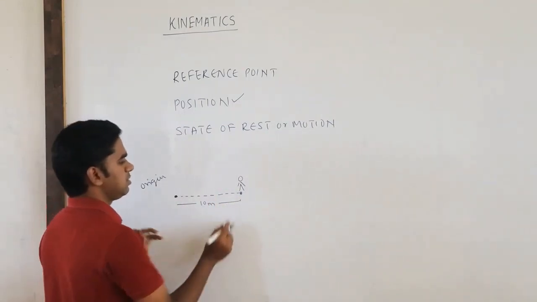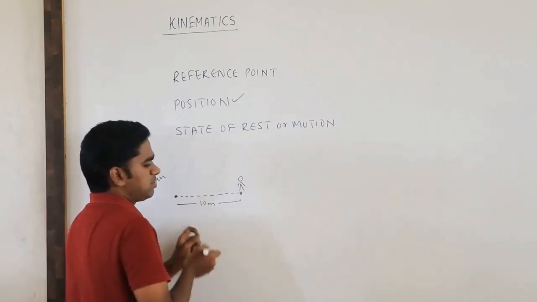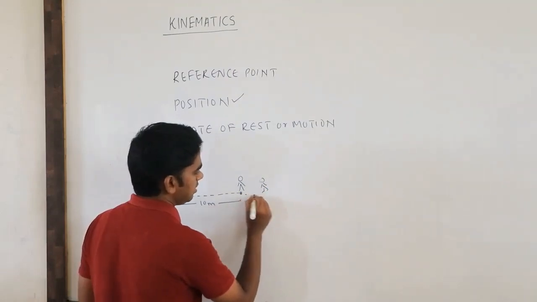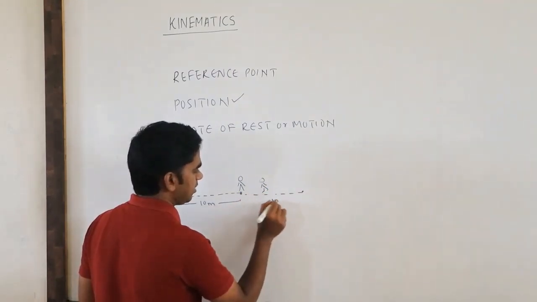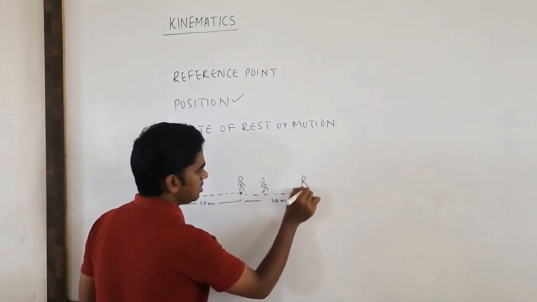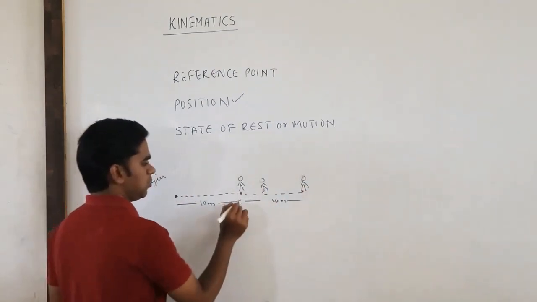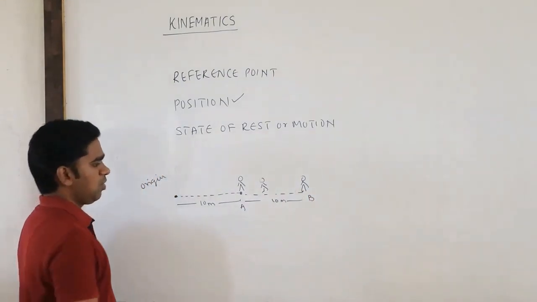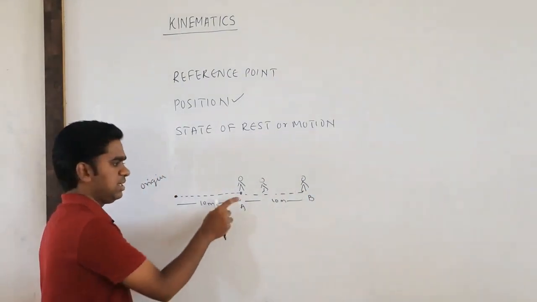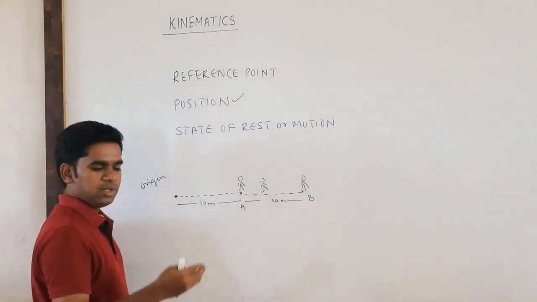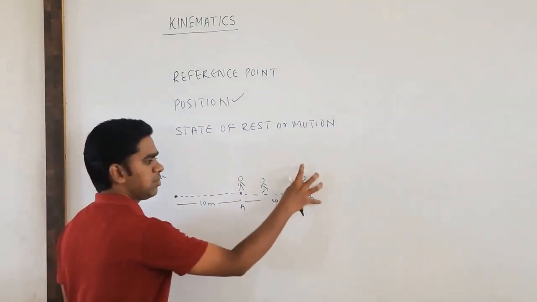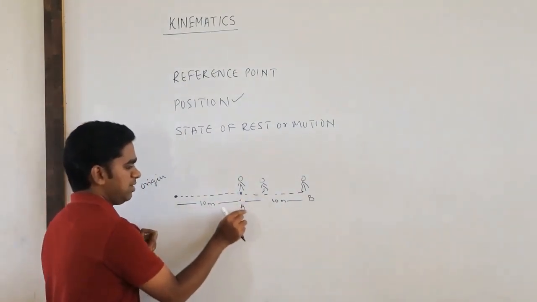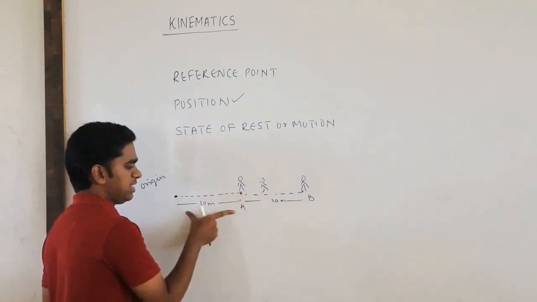So you can conclude that this person is at rest. Instead of that, if he puts some energy and walks some distance, say 10 meter, and reaches this point, then before he was at point A, now he is at point B. Early in the morning you saw the person at point A, and at 10 o'clock the person is at point B. The position you saw early in the morning was 10 meter.